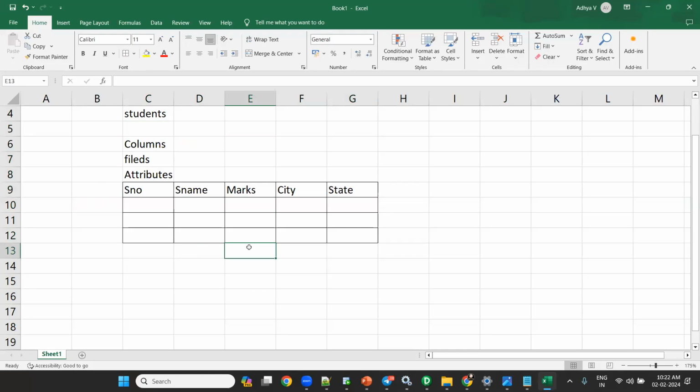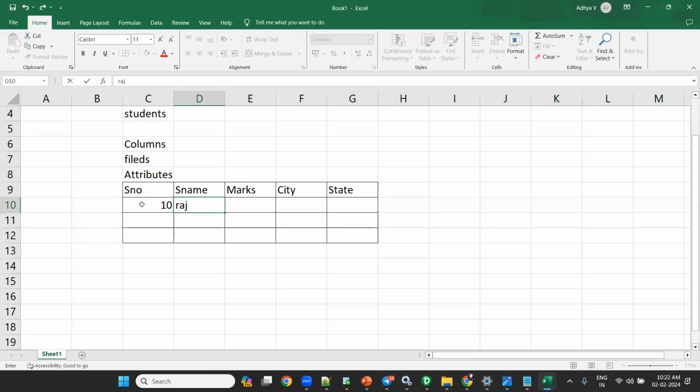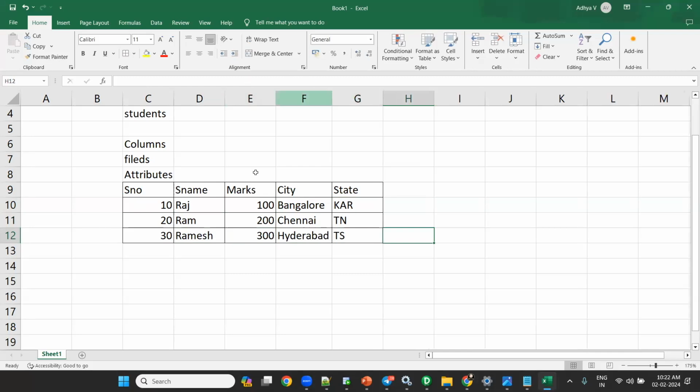And the horizontal rows: serial number 10, Raj, 100, Bangalore, Karnataka; 20, Ram, 200, Chennai, Tamil Nadu; 330, Ramesh, 300, Hyderabad, Telangana. So what is this called?